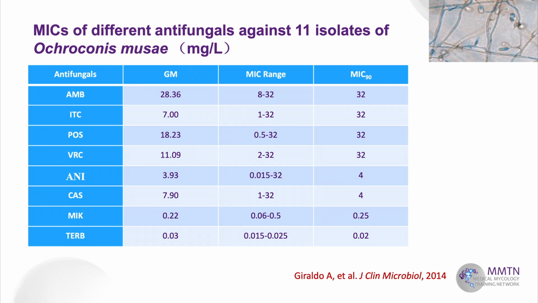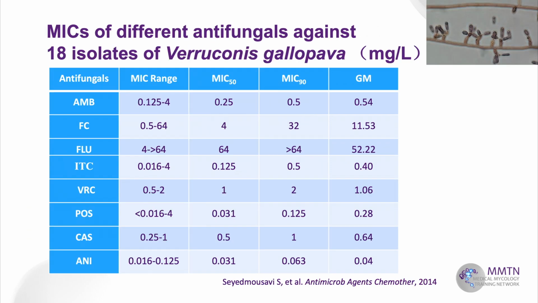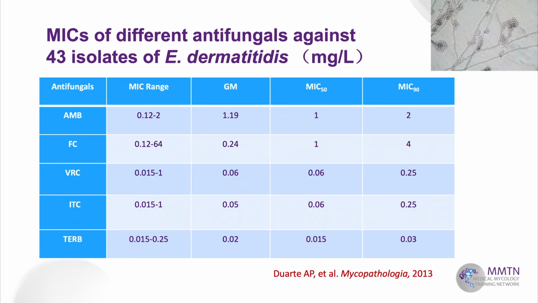We can see the MIC seems only lower in the case of terbinafine and some of the echinocandins. Varroconis gallopava seems sensitive to amphotericin B, itraconazole, posaconazole, and anidulafungin, but not to the other antifungal agents.